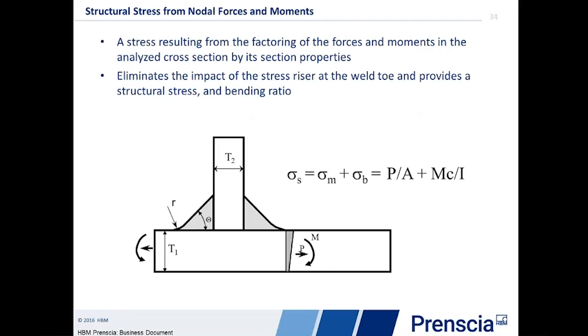This allows us to calculate a structural stress, which is nothing more than simply a P over A, MC over I calculation that would be representative of the load going into the weld. One of the benefits of this approach on a shell model is that I can immediately not only get the structural stress, but I can get the bending ratio, which is important to do the corrections on our SN curve.